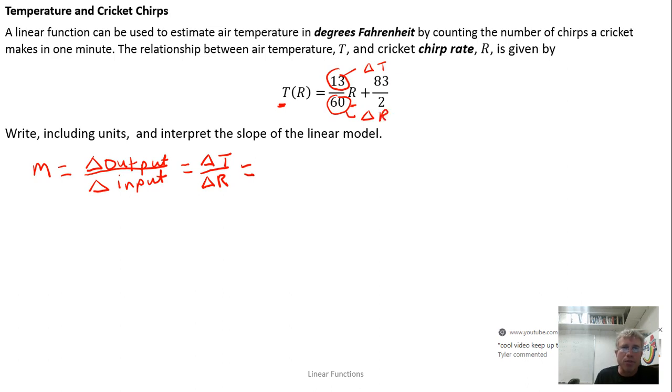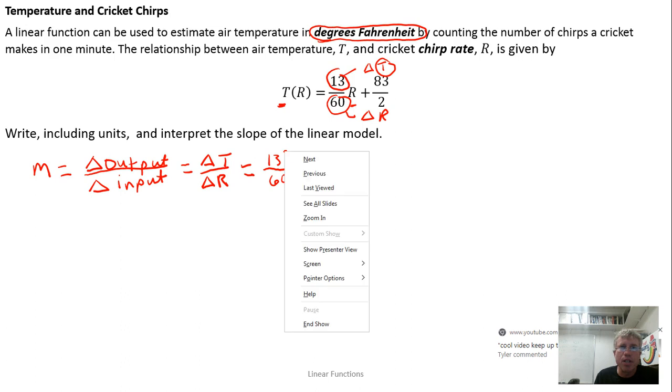So I'm going to write the slope, 13 over 60, but I recognize that the 13 is a delta T, which is a change in temperature, which is being measured in degrees Fahrenheit. So this 13 is really 13 degrees Fahrenheit, and the 60, which is delta R, is really the change in cricket chirp rate.